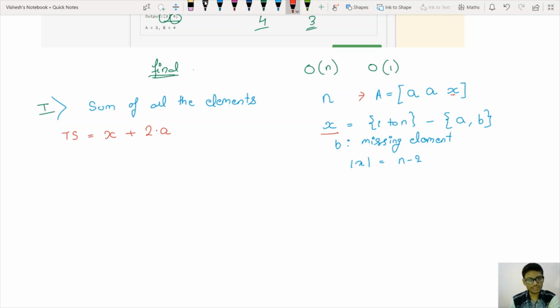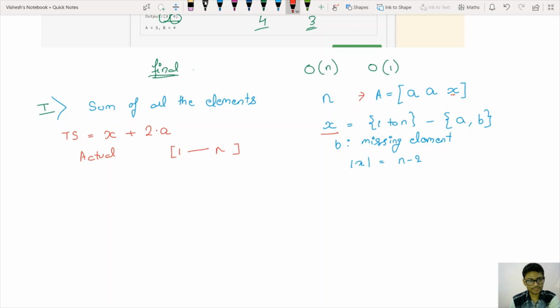But what would be the actual sum of elements from 1 to n? So I want to find the actual sum which would be present if there were no missing or repeating element. So if this array consists of all the elements from 1 to n, then what would be the sum of that array? It is nothing but the sum of the first n natural numbers.